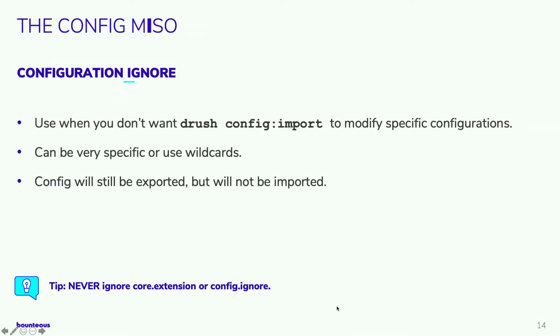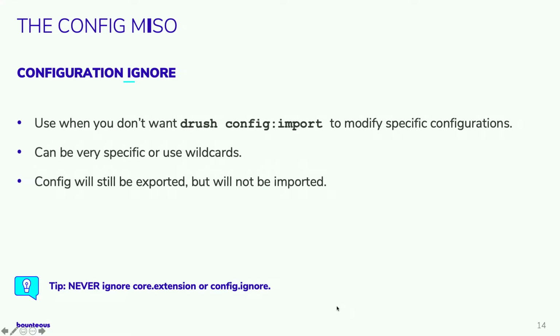One of the things that might sound scary about using config ignore is when you do a config export, the items in your ignore list still get exported to code. And so you can commit them, you can choose not to commit them, but the assurance is when you import that code, that configuration, if it's in the ignore list, it's not going to get imported.